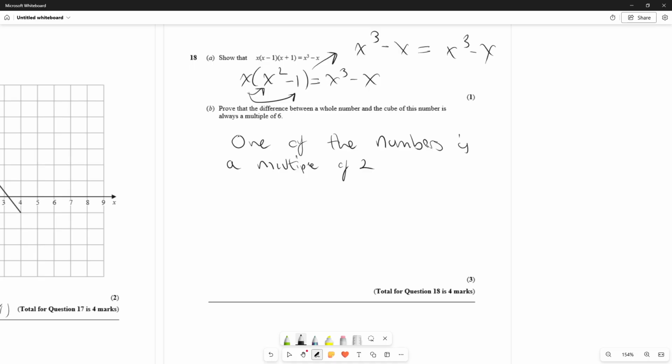And one of the numbers is a multiple of 3. So because it's a multiple of 2 and 3, and 2 times 3 is 6, it's a multiple of 6.